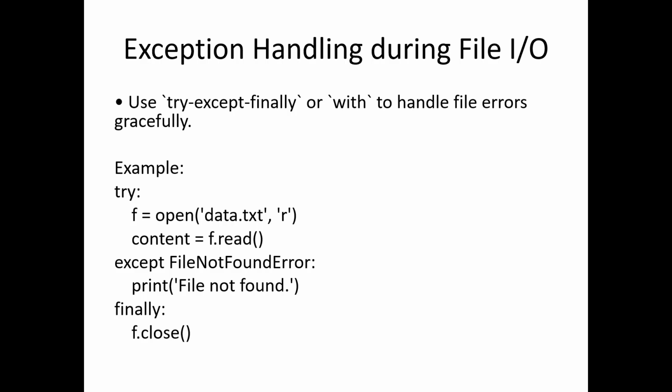What is exception handling during file input output? When working with files, we might run into errors. We have seen this in one of our sessions regarding exception handling. It gives an error when trying to read a file that doesn't exist. We use try except to handle this gracefully.